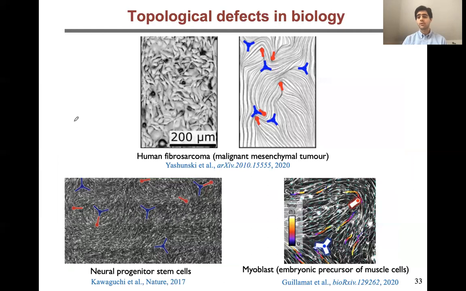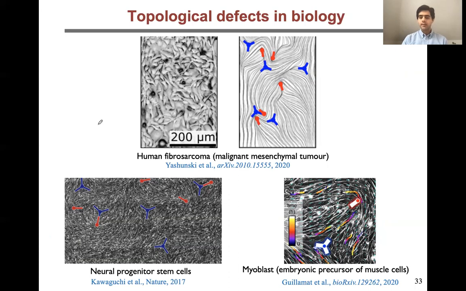There is also growing evidence on the role of these topological defects in different realizations of biological systems, for example, in human fibrosarcoma or in neuroprogenitor cells, where cells accumulate at plus-half defects. The same thing happens for myoblast cells, where these defects have functionalities in terms of determining the collective behavior.